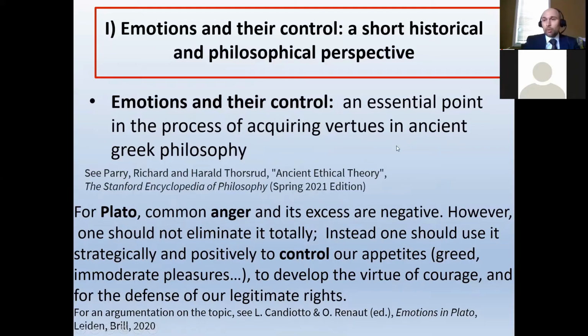Instead, one should use it strategically and positively to control, for example, our greed or immoderate pleasures, to develop the virtue of courage, or for justice, to defend our rights when it's legitimate. I just give a flavor of that. There are plenty of studies on ancient Greece out there, so here are some references.